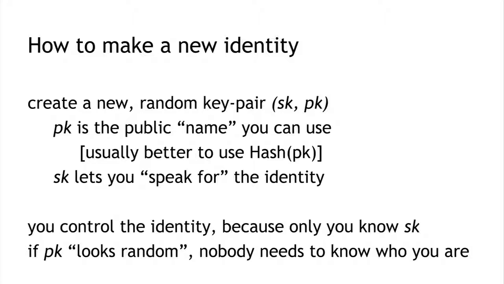That's the name of that identity, what it's called. Although in practice, you'd probably use the hash of PK because public keys are big. But again, we'll leave that aside as a detail. So PK, or the hash of it, is the public name that you use to talk about the identity. And SK, the secret key, is the information that lets you, the person who generated this identity, speak for the identity. You control the identity because only you know the secret key.